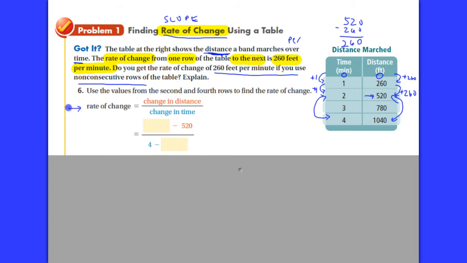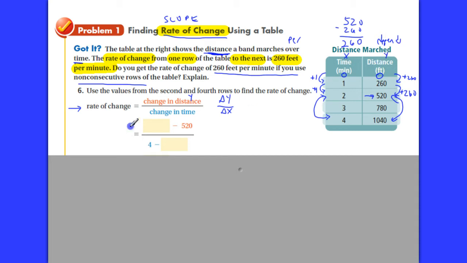Now the rate of change, so here it is, the change in the distance. The distance is the y variable. Remember earlier how I said change in y divided by change in x? Y is the dependent variable. It depends on how much time you've been marching. So x is independent, y is dependent.